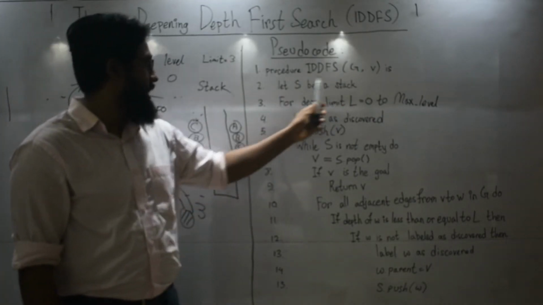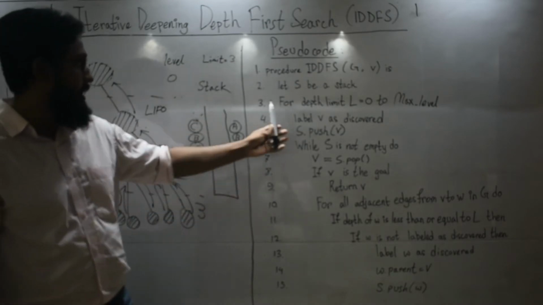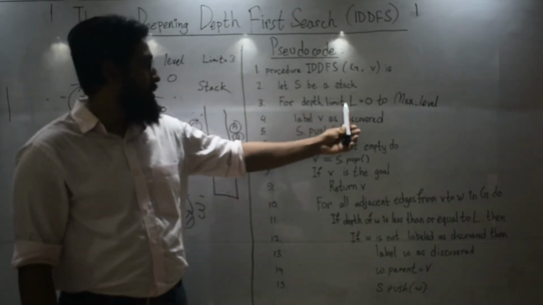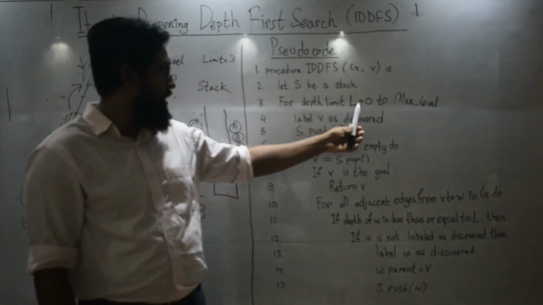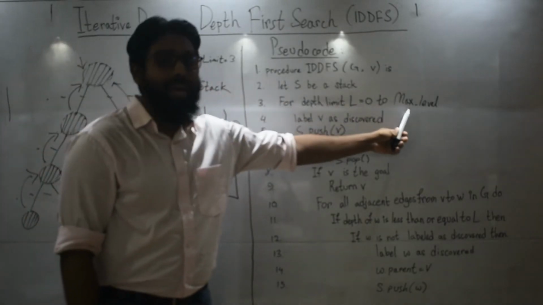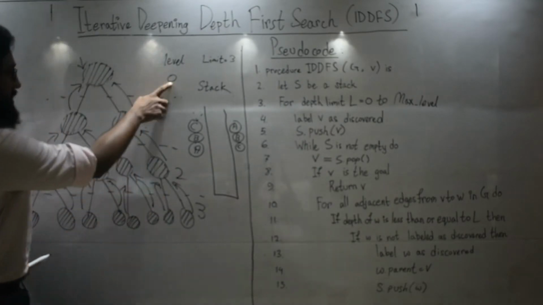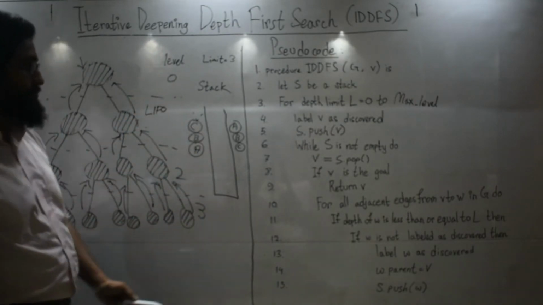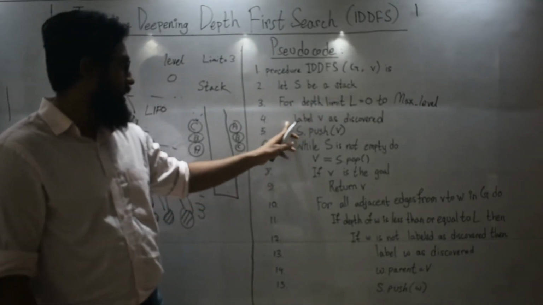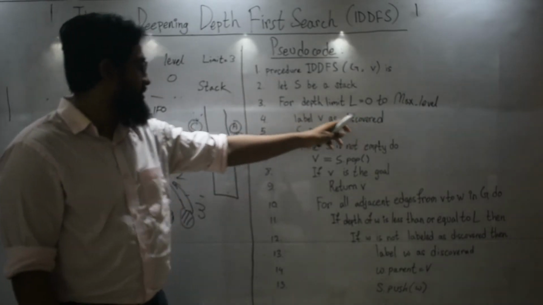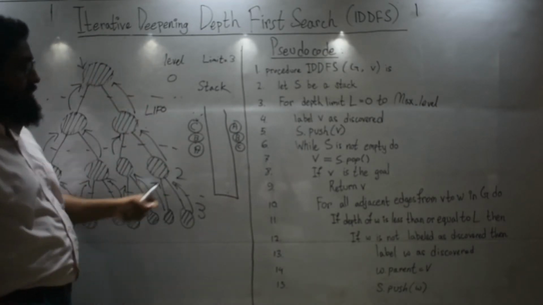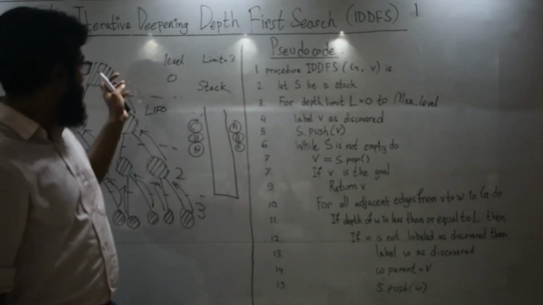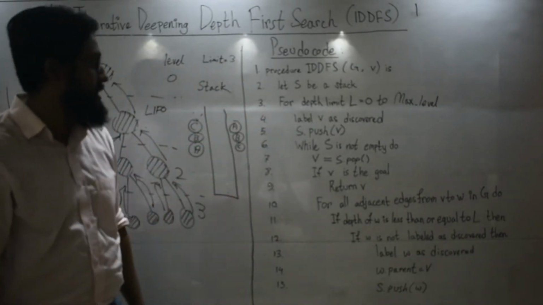So let there be a stack for the depth limit L from 0 to the max level. Okay. Label V as discovered. You label it as discovered by shading it. Then you push V. You push this node onto the stack.